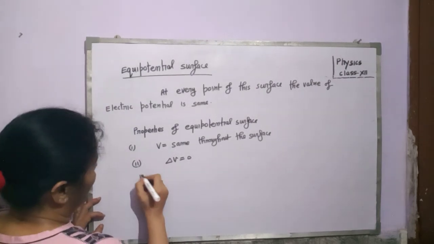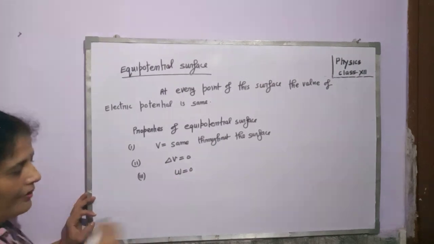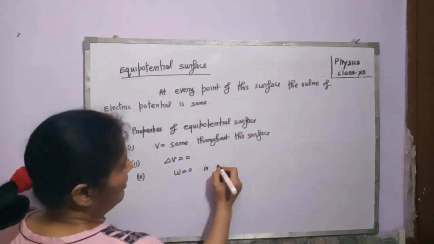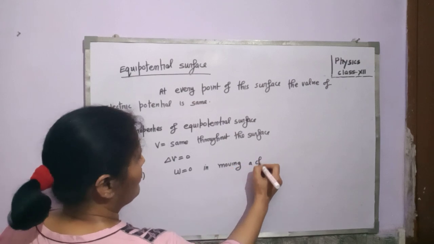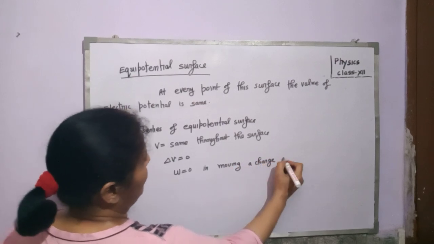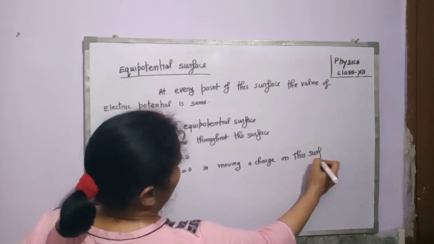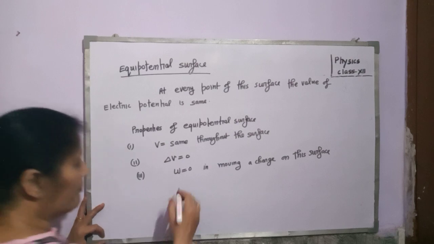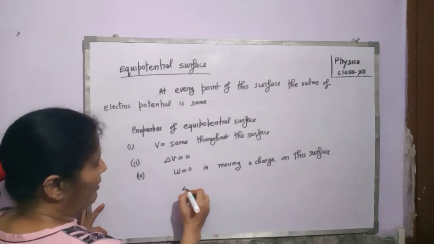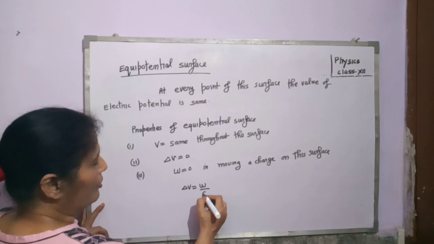Third property: no work is done, W is equal to 0, in moving a charge on equipotential surface. You know delta V is equal to the potential difference, W upon Q naught.